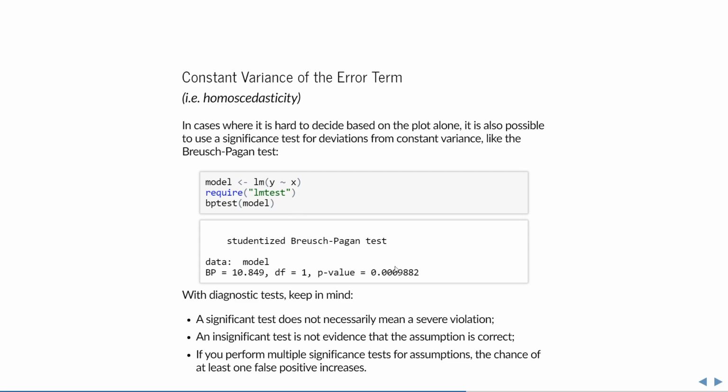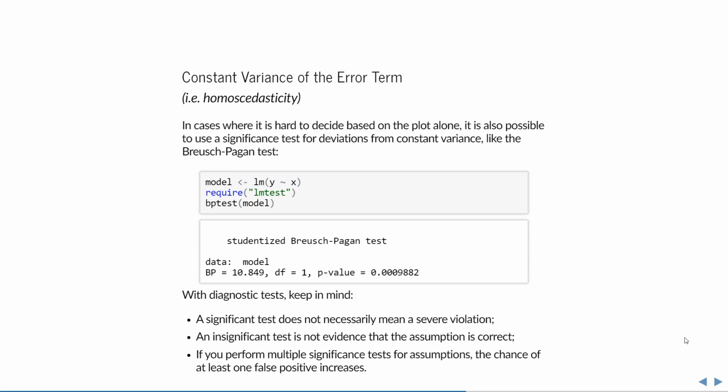And again, if you have a p-value that is small enough, then you reject the assumption that there is constant variance, and you have to look for an alternative model. But again, keep in mind that even if it is significant, that doesn't mean that the deviation is necessarily severe. So you still have to look at the diagnostic plots. And if the p-value is greater than your chosen alpha, then that doesn't mean that the errors have a constant variance.